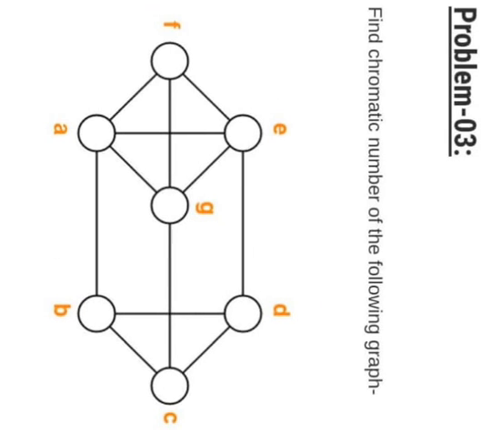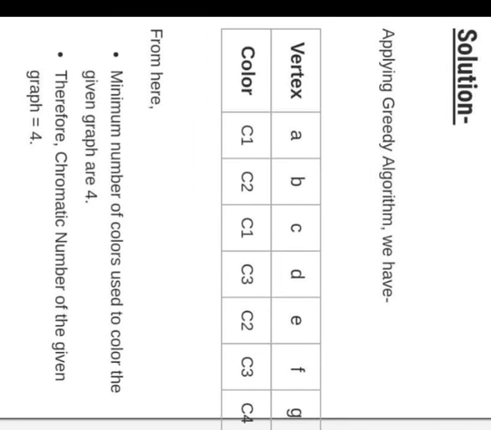Take another example. Find the chromatic number of this graph. How can we assign colors to this type of graph? By using the greedy algorithm. Vertices are A, B, C, D, E, F and G. Colors can be assigned to these vertices as C1, C2, C1, C3, C2, C3 and C4.